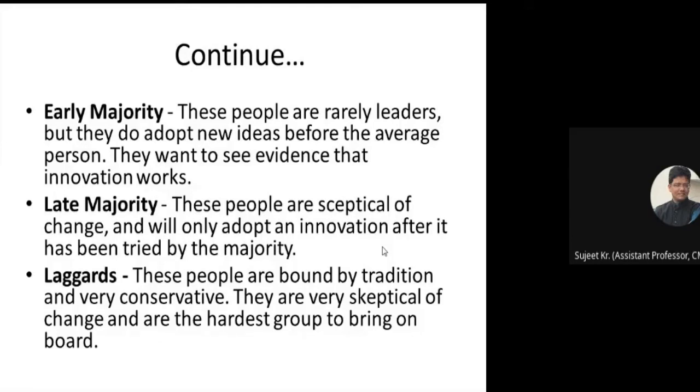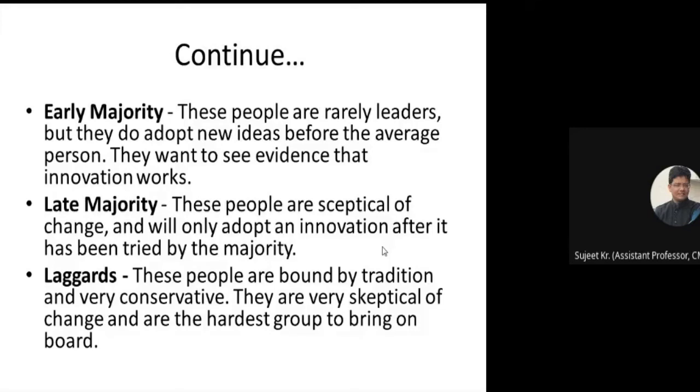So they will finally adopt. And for laggards, the communication strategy is very difficult because you have to break a traditional or conservative attitude. So it is a very long process. That's why these people are kept under laggards.